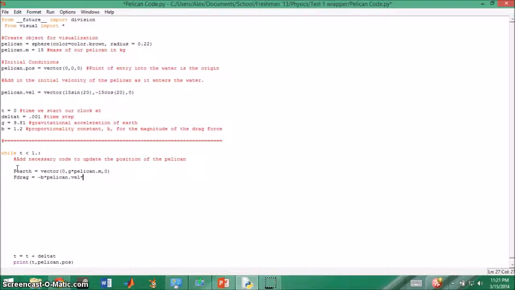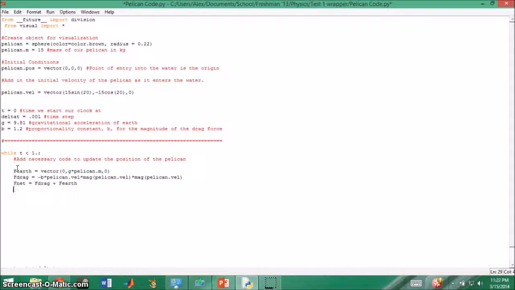Then we're going to multiply this by the magnitude of this velocity in order to cube the actual value twice. Not cube it twice, but multiply it twice, just to be clear there. And so these are the only two forces acting on the pelican, so we know our net force to be force of drag plus force of the Earth on the pelican.